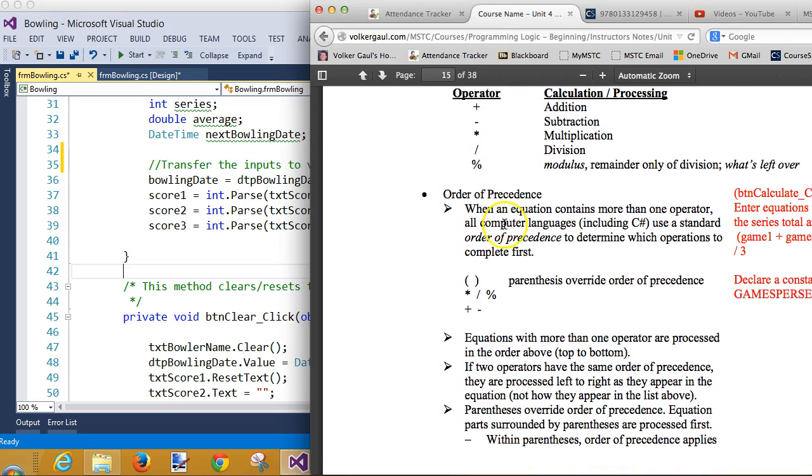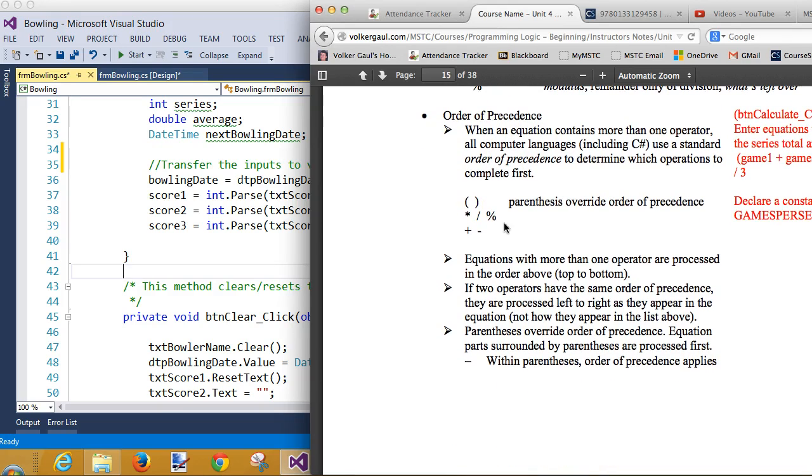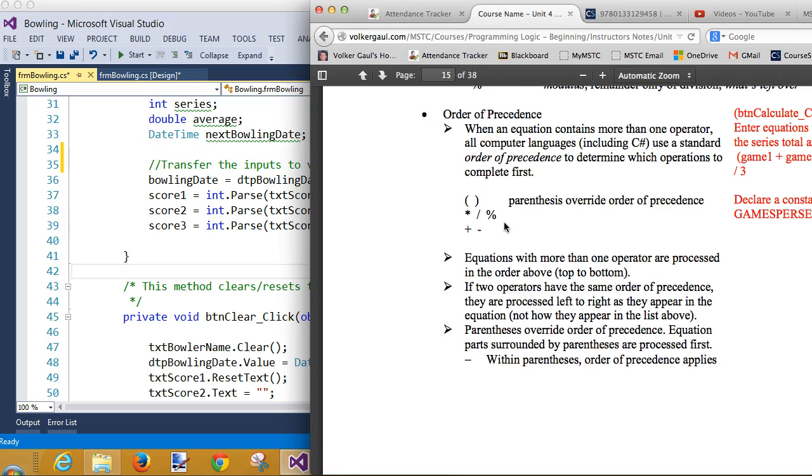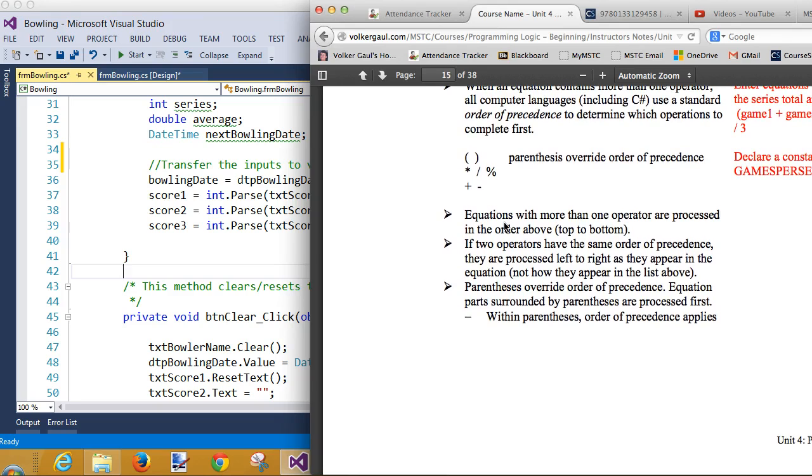When we were designing, many of you told me about the order of precedence. Don't be shy. If you don't know what I mean by order of precedence, please raise your hand. Okay, so I'm not going to talk about it too much. I'll go through it pretty fast. Order of precedence says when we do math, we do multiplication, division, modulus.